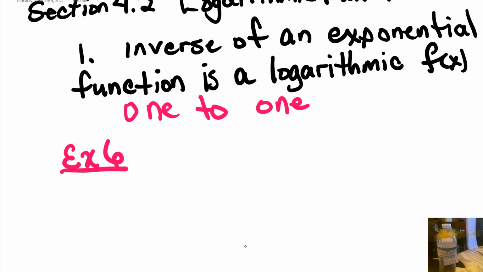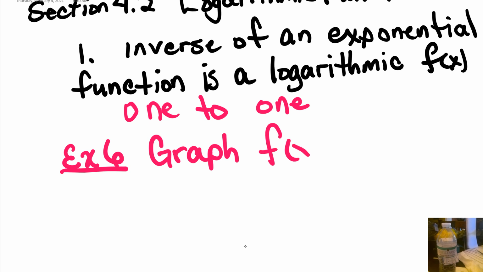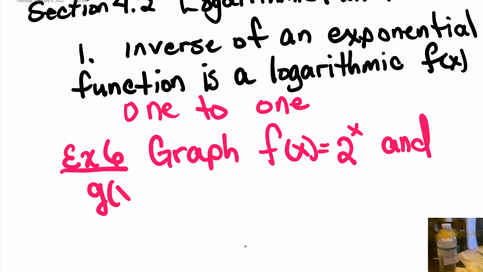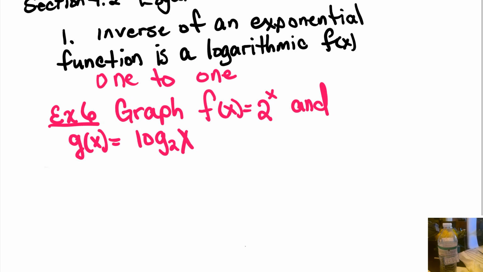And in example 6, we want to graph f of x equals 2 raised to the x, and they want us to graph on the same graph g of x equals log base 2 of x, in the same rectangular coordinate system.